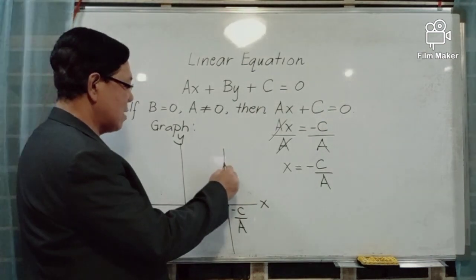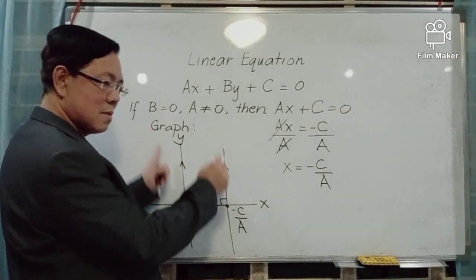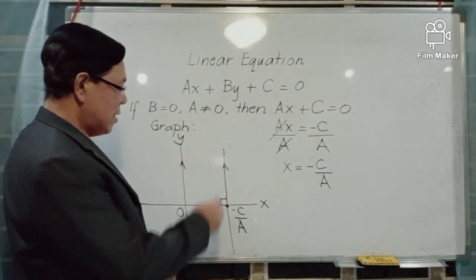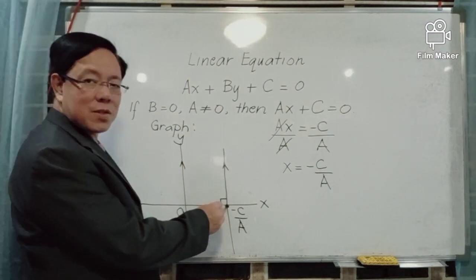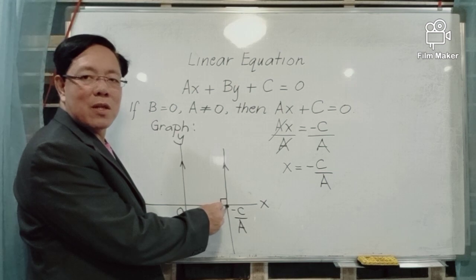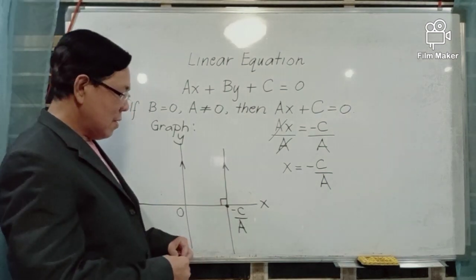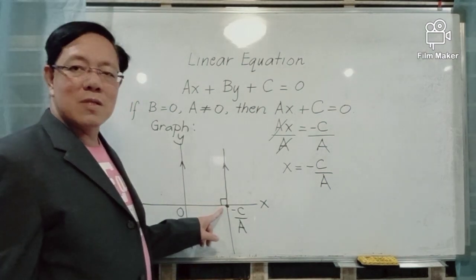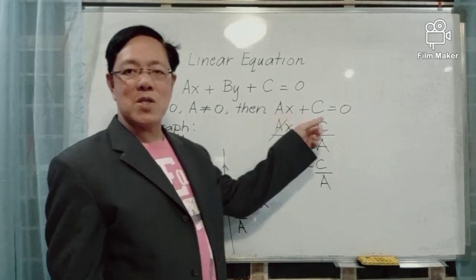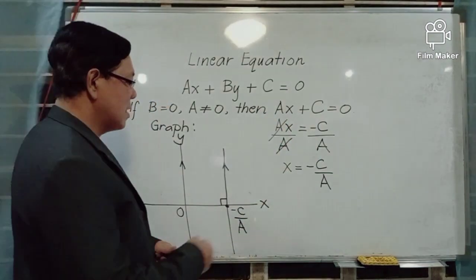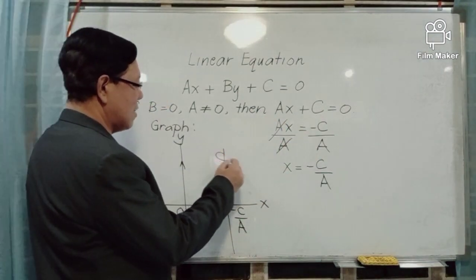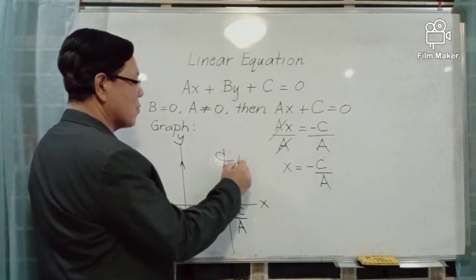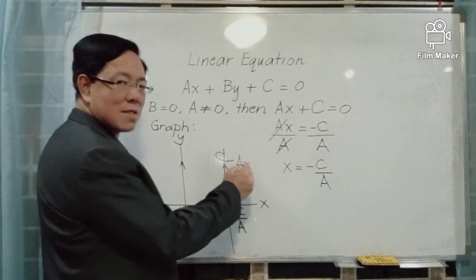It is parallel with the y-axis. And the vertical line passes through this point on the x-axis, which is the solution of this linear equation in one variable. And this is the graph of the linear equation in one variable x.